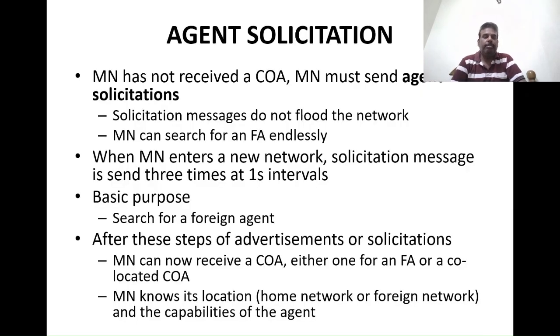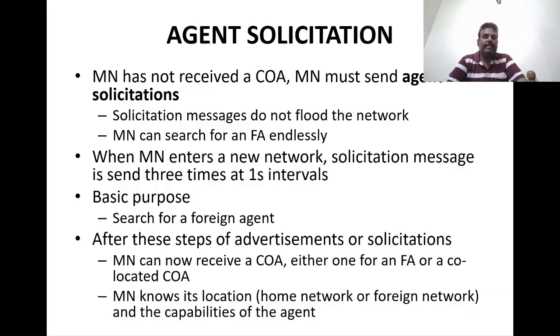If my mobile node can't find agent advertisement messages, then my mobile node itself has to send solicitation messages. Whenever the mobile node has not received a care of address, it must send agent solicitation messages. Agent solicitation messages do not flood the network.